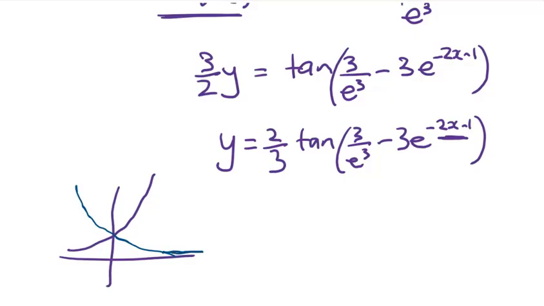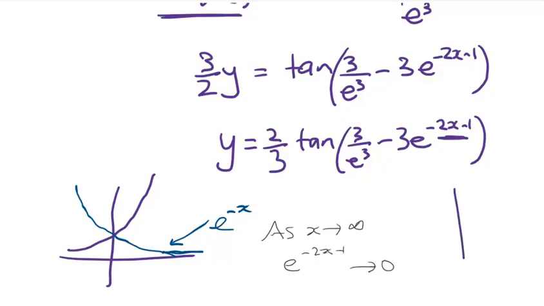So it's looking like this. So that's e to the -x. E to the -2x will be steeper, but the same kind of idea. So we know that as x goes to infinity, e to the -2x minus 1 will go to 0. And that gives me my answer, because that's the only place that we've got anything going on with x.